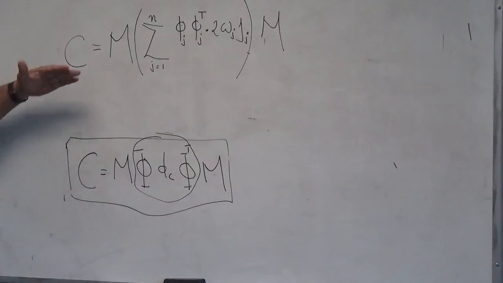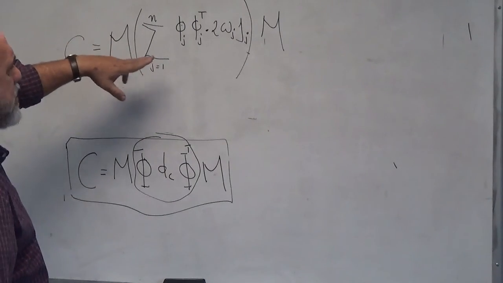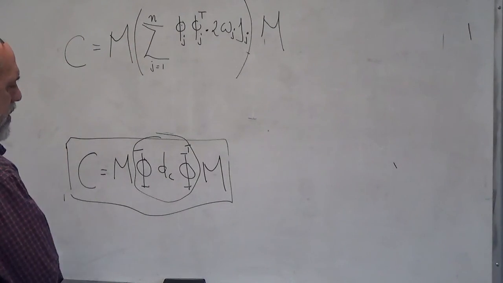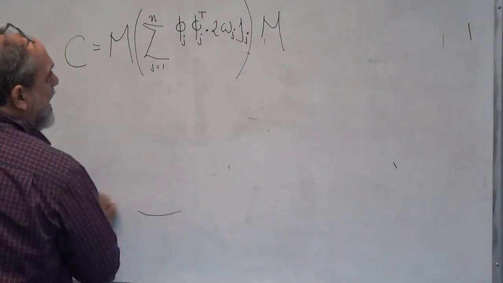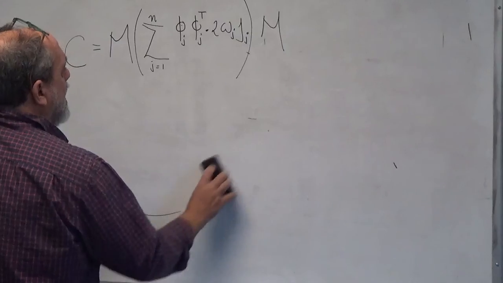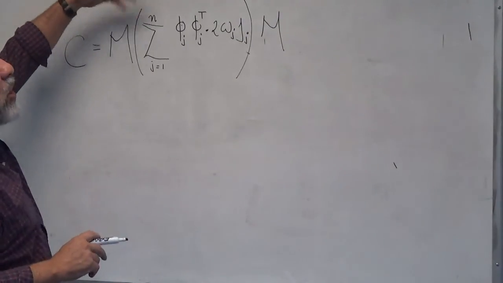Now, you would ask, what is the difference between these two things? And the answer is none. There's no difference. But there is one reason why people like to write it this way sometimes, which is that if you only have, let's say you only have not all the N modes, but you only have Q modes.